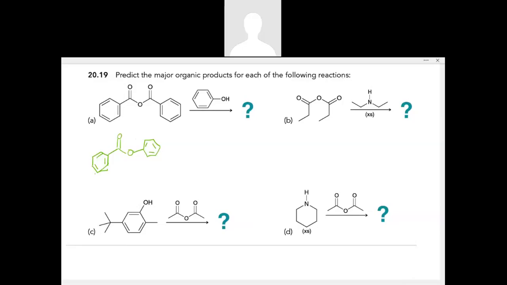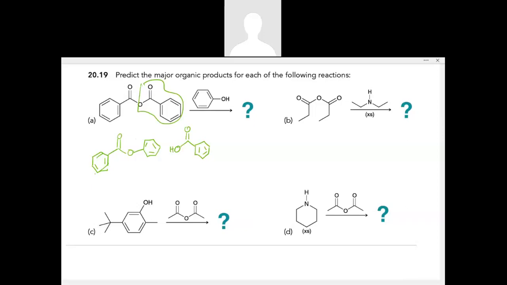So this would be our first product, and we would also produce a carboxylic acid from this half here as well. So we would see also with our products this carboxylic acid as well. All right, so that's part A, when we react that anhydride with phenol.